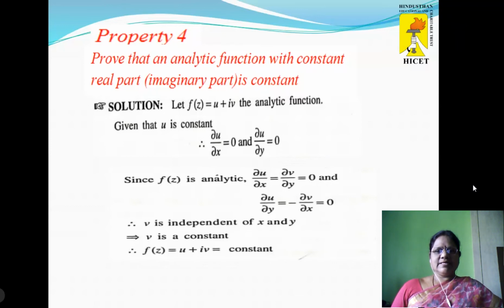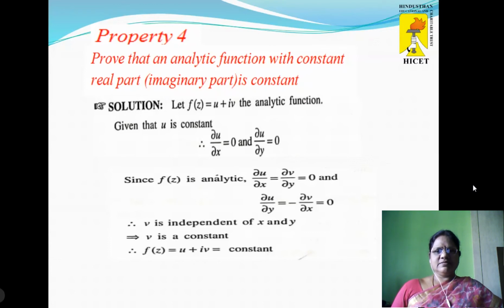Since f of z is analytic, it satisfies Cauchy-Riemann equations, that is dou u by dou x equal to dou v by dou y and dou u by dou y equal to minus dou v by dou x. Therefore, dou u by dou x equal to dou v by dou y equal to 0 and dou u by dou y equal to minus dou v by dou x equal to 0 by the above equations.